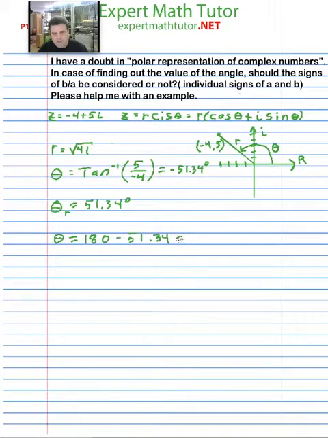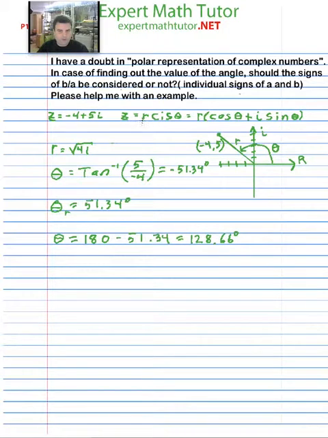And I think that's equal to 128.66. Yeah, 128.66 degrees. So a shortcut way of writing complex numbers in polar coordinates is r cis theta.